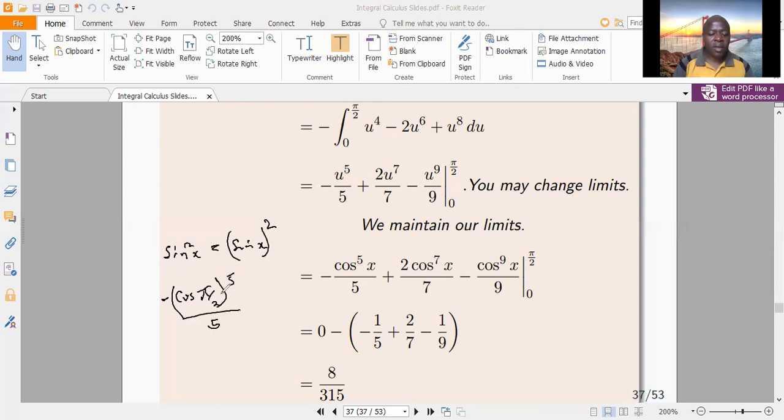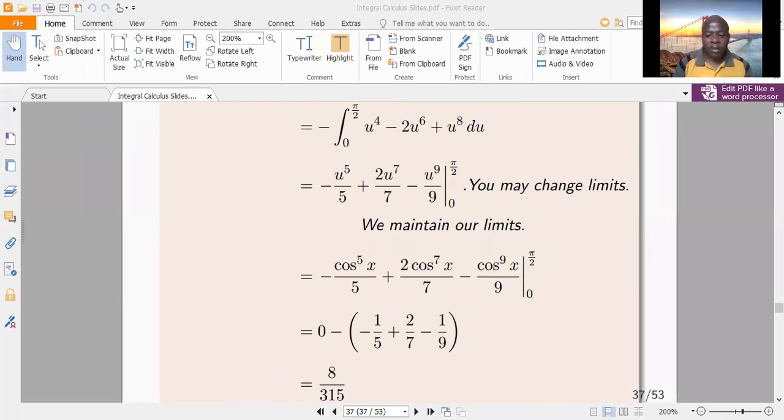Of course, pi is 180 degrees, divided by 2, that's 90 degrees. So we're talking of cos 90, and then the answer that we get, raise it to 5. The same thing here, cos 90, the answer that we get raised to 7, then multiply by 2 over 7. Same thing to that.